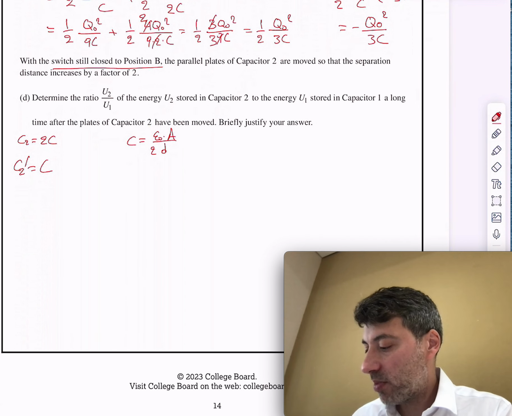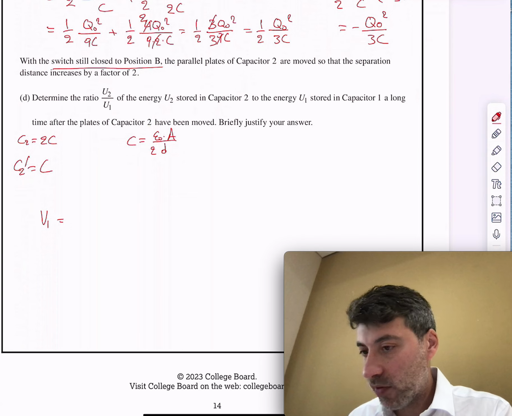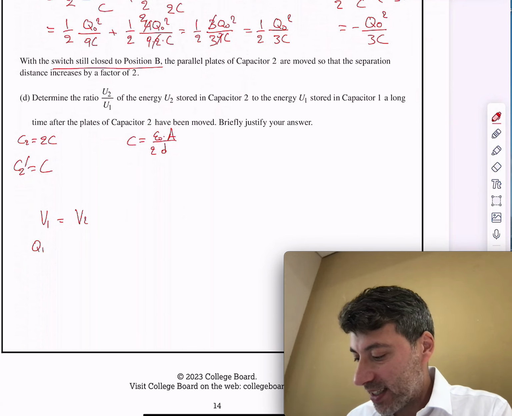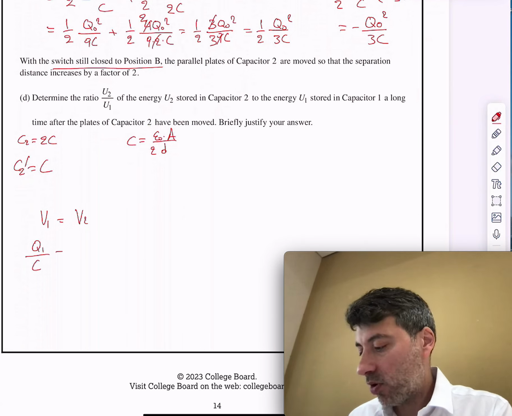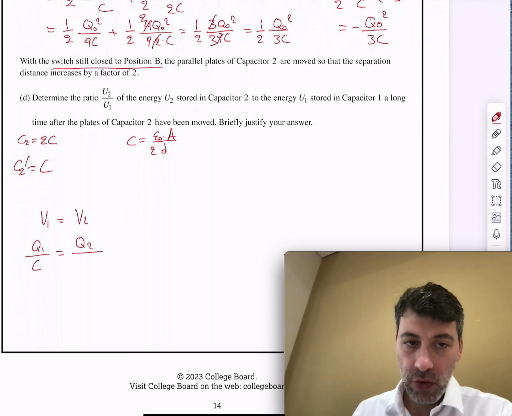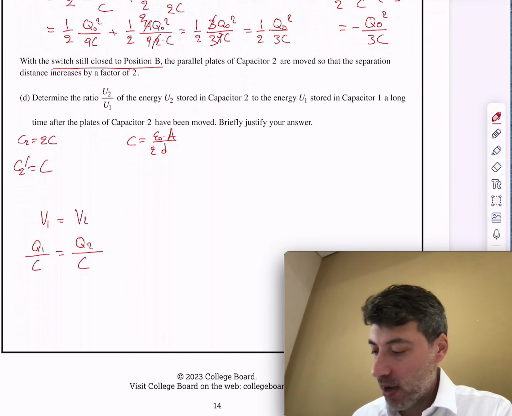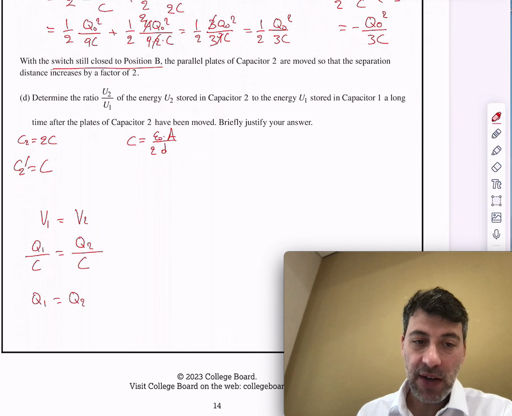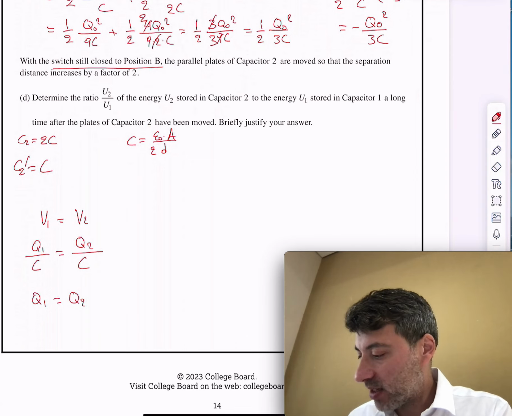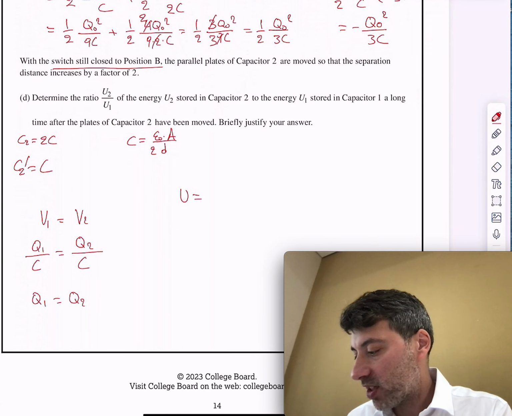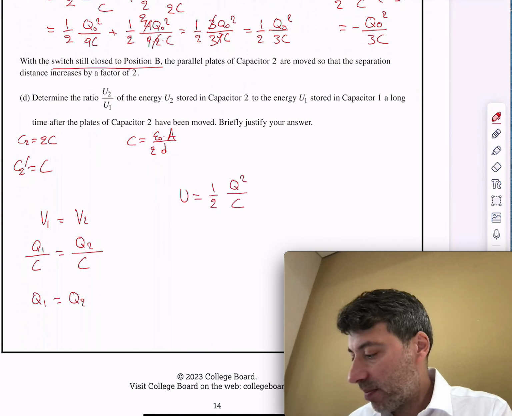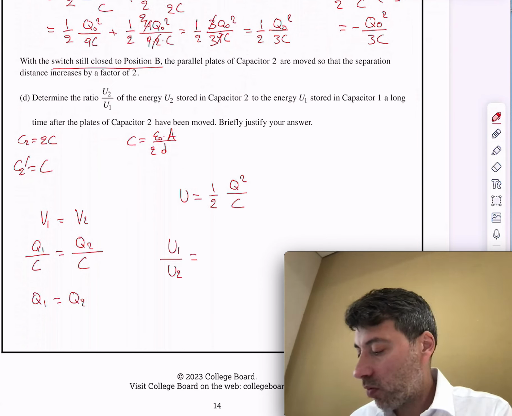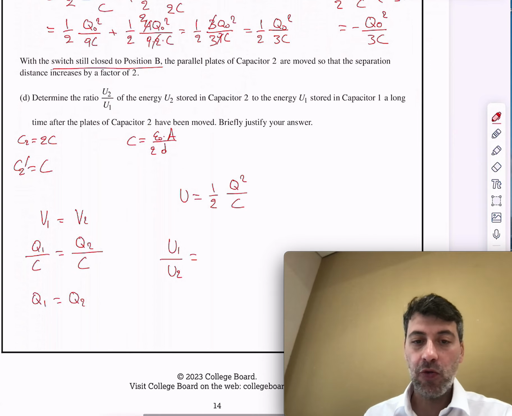We'll have the same relationship, that the voltage of the first capacitor is equal to the voltage of the second capacitor. So Q1 over C1, which is C, will be equal to Q2 over C2, but the new C2 is equal to C again. So from this we get that Q1 is equal to Q2. And since the two capacitors have the same charge and the same voltage, this means that the potential energy of the capacitor, which is 1 over 2 Q squared over C, is the same, so U1 over U2 will be equal to 1.